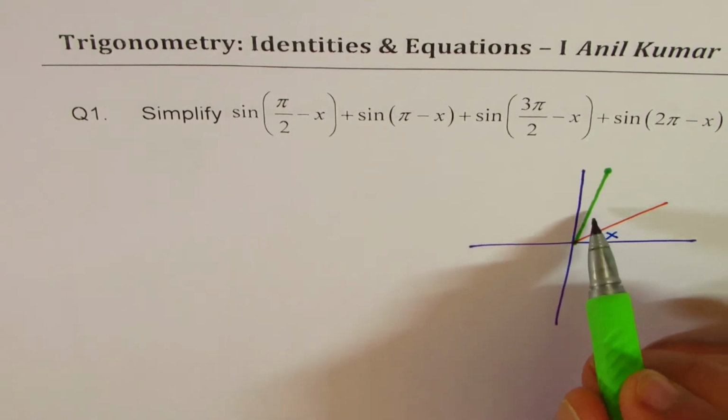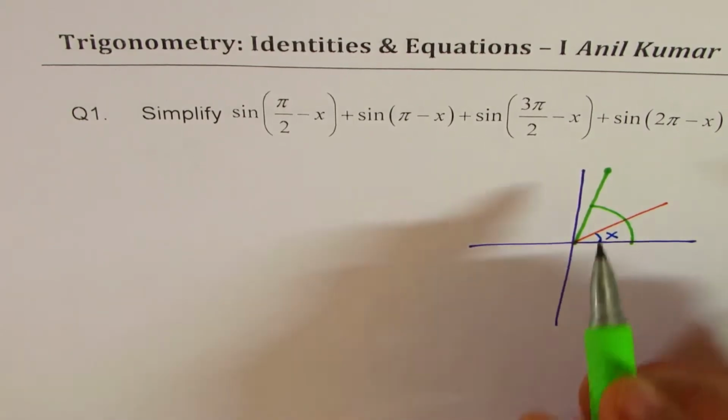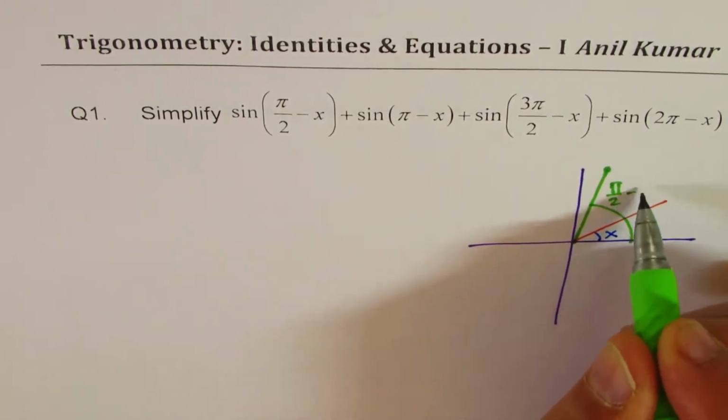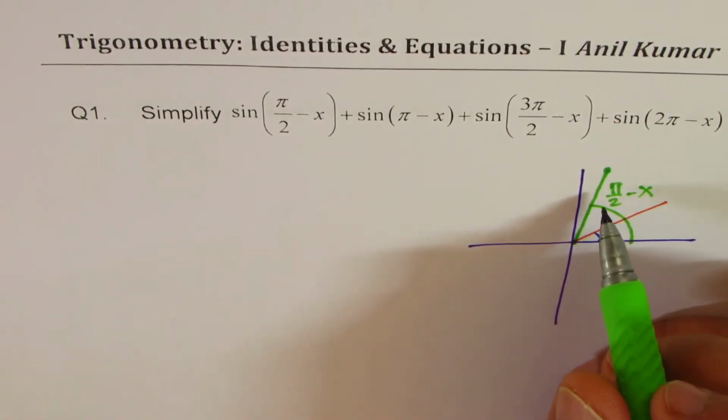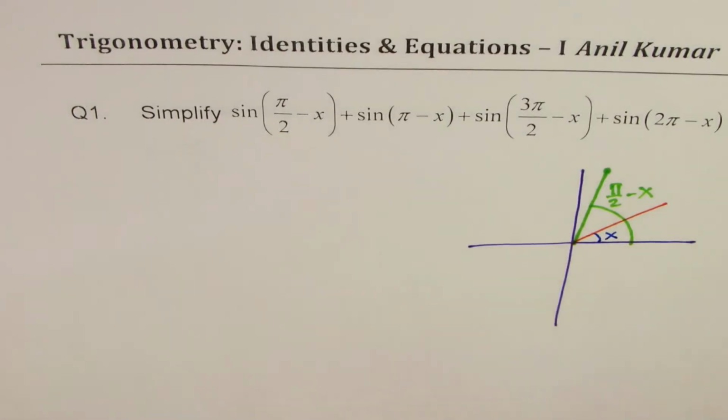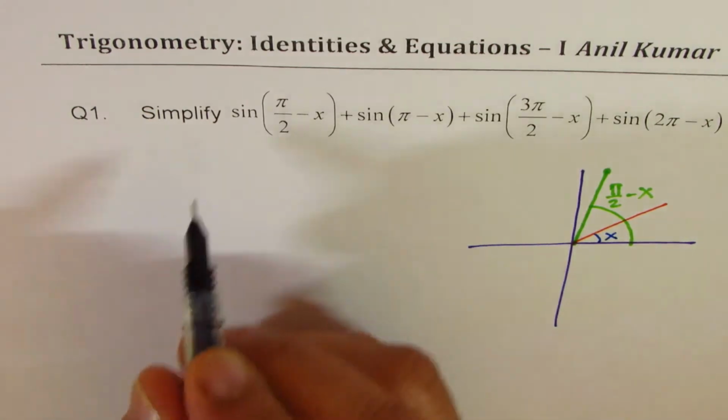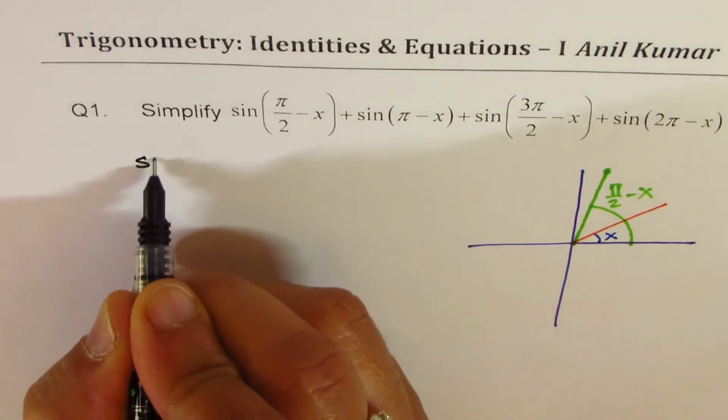So that is pi by 2 minus x. Now whenever you do this, sine becomes cosine, and since you are in quadrant 1, it will be positive, correct?